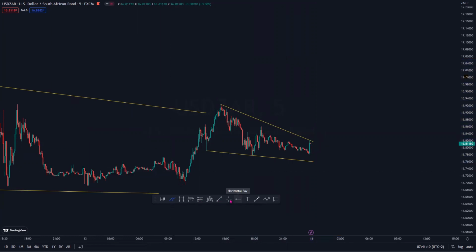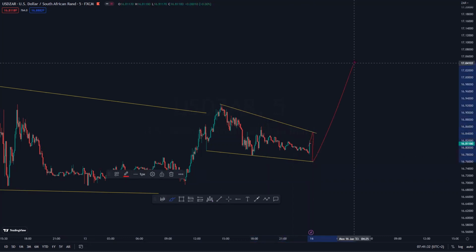Because the market might break our trend line, so you might think it's going to start shooting up, not knowing it might push to the upside a little, give us a third touch before going up.